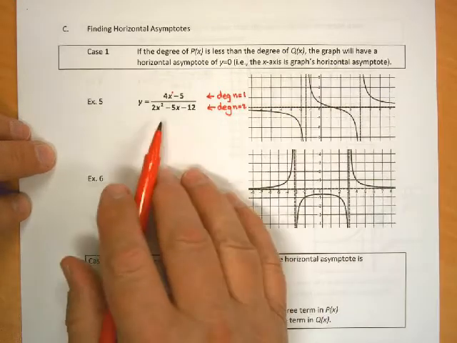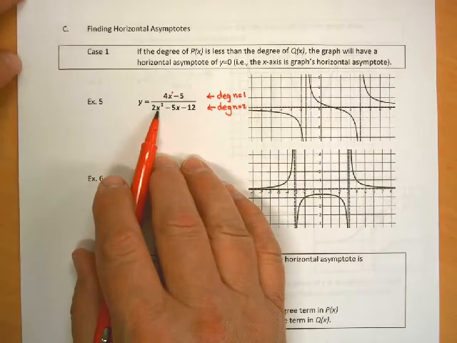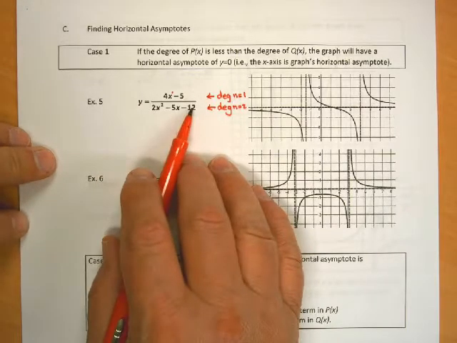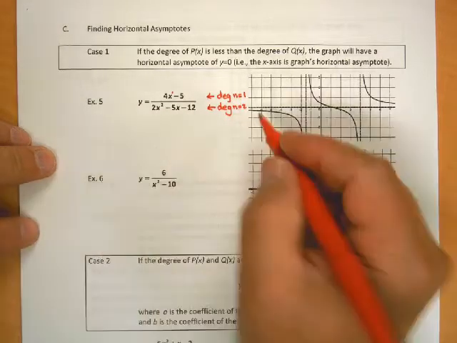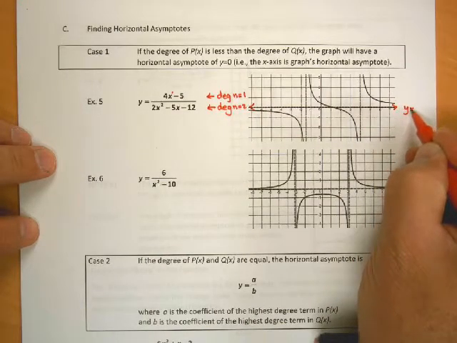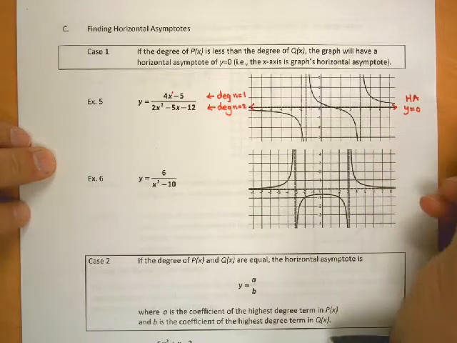So what you see is you have this higher degree function on the bottom. Anytime that happens, then you've got a predictable y equals 0 horizontal asymptote. In other words, the x-axis is your asymptote.